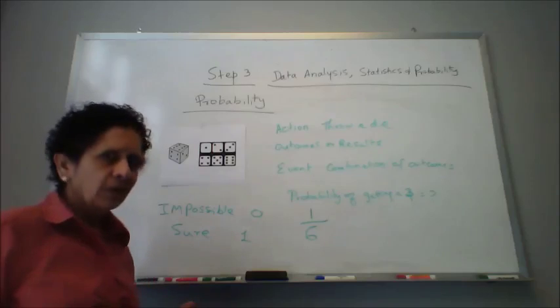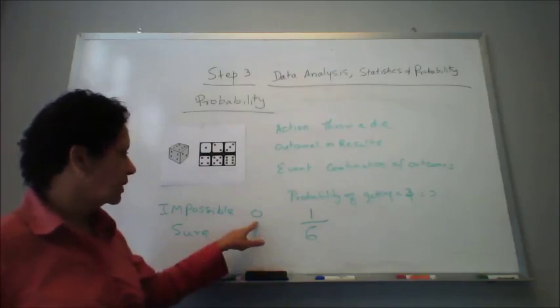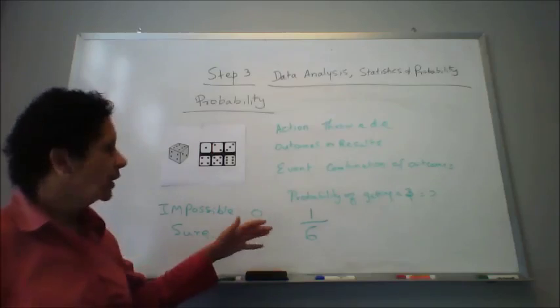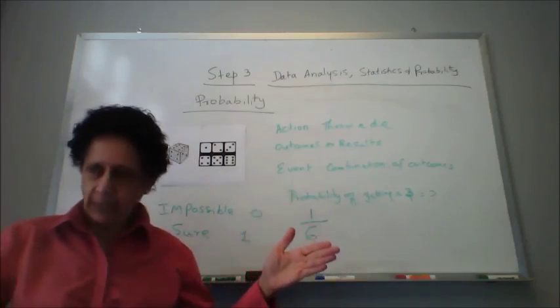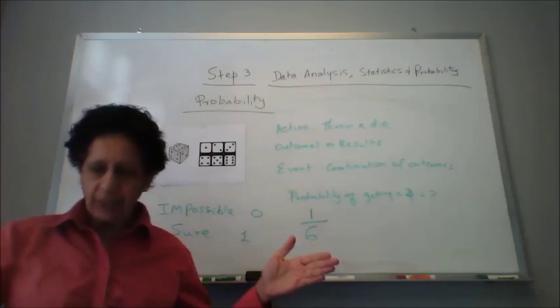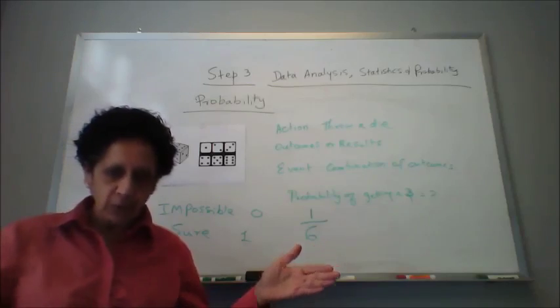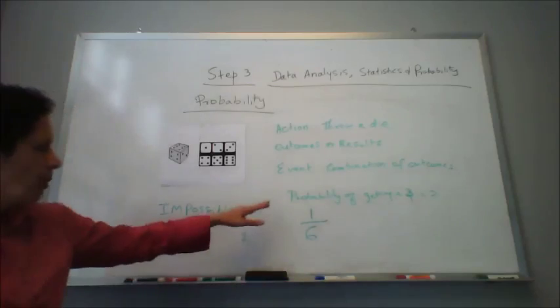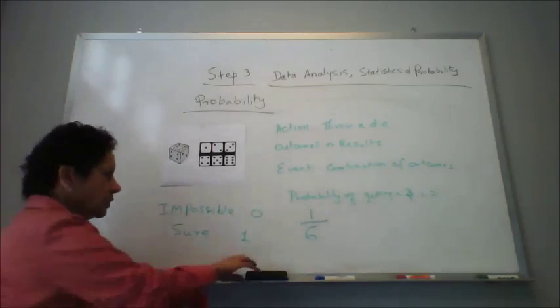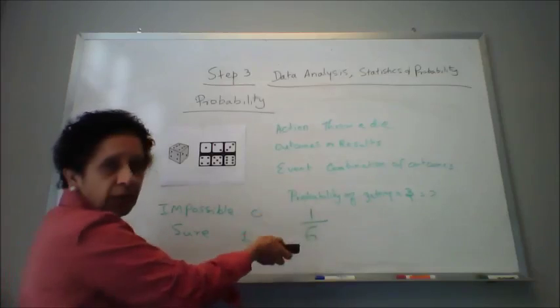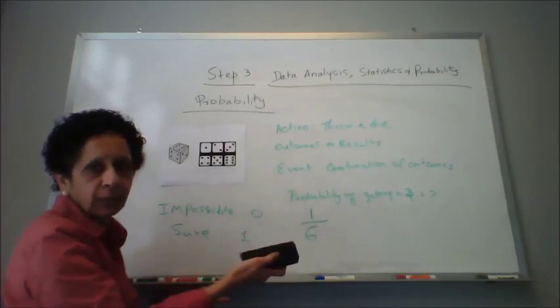You'll say, no, it's never going to rise in the west. That probability is impossible. It's 0, right? So the two bookends are 0, which means impossible, and then a sure thing, probability 1. In between, the probability is going to be anywhere between 0 and 1. And generally, we express it either as a fraction like this or as a percent, okay?